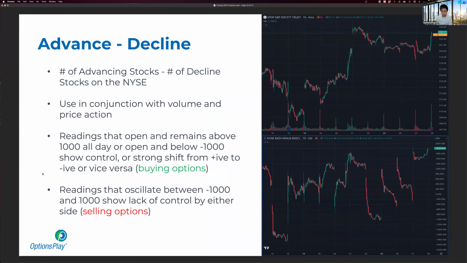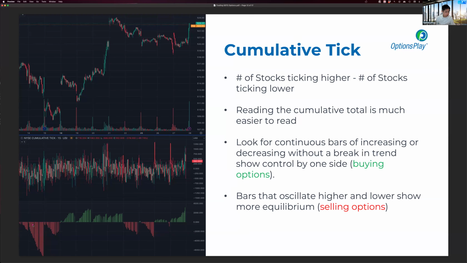And then you also have this day where it seems like sellers maintained control all day. If you look at the session here, it was clearly a downtrending day. So this bottom section is really just taking this cumulative tick data that's coming from the exchanges, and honestly, I don't know why they call the indicator cumulative tick.